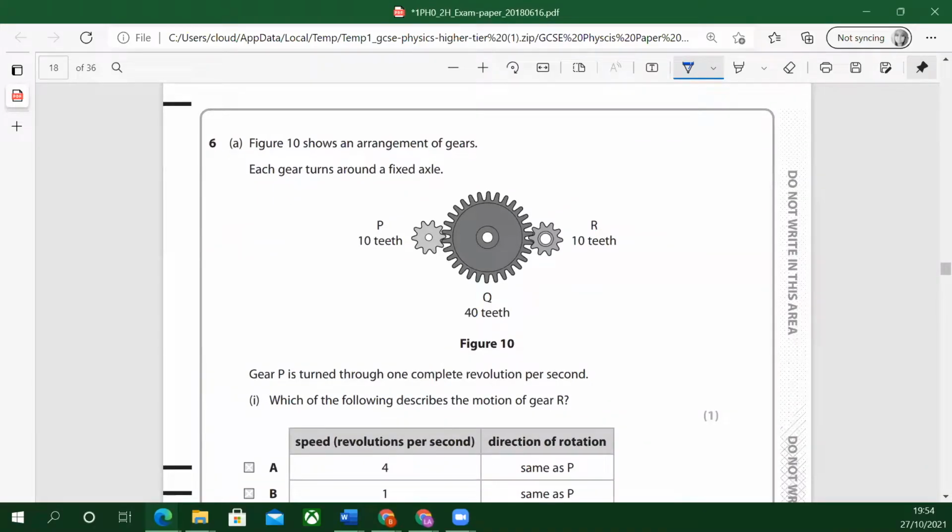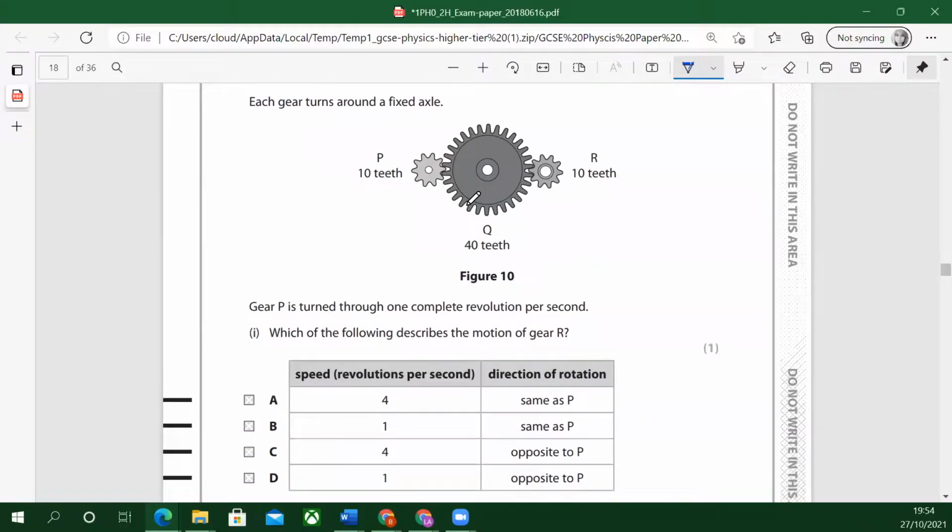Okay, next question. Question 6, figure 10, shows an arrangement of gears. Each gear turns around a fixed axle. Gear P is turned through 1 complete revolution per second.